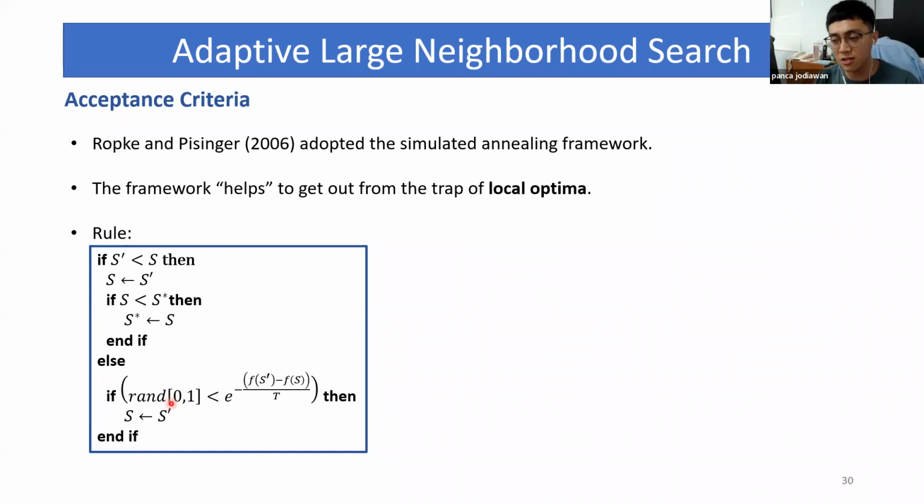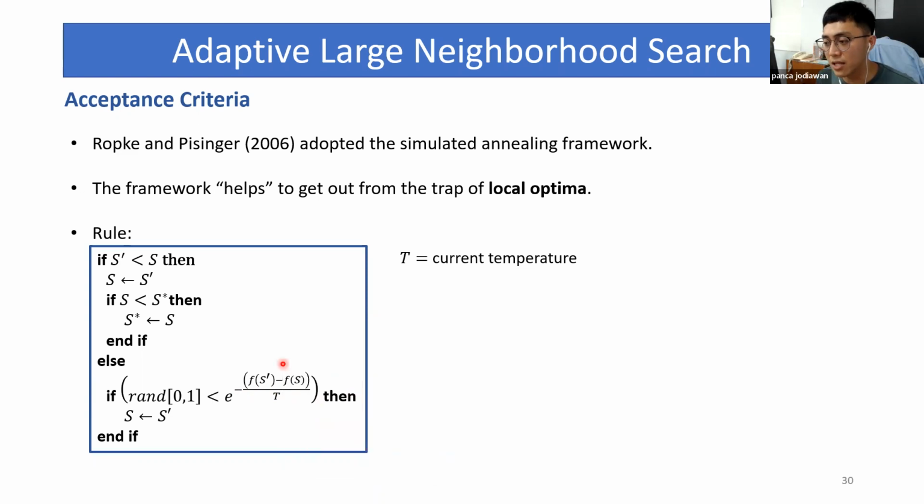This is totally handled by the random generator, random from 0 to 1. And we need to calculate another value, which is epsilon powered by minus the objective value of the new solution minus the objective value of the old solution, divided by T. And the T here is the current temperature.